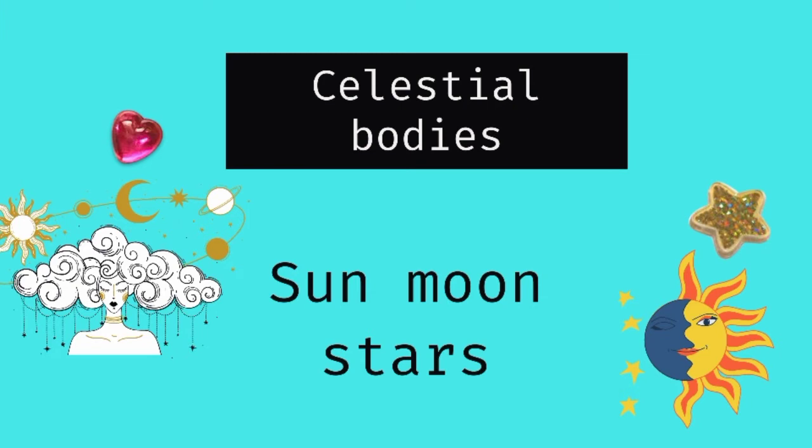Now, if I had never heard of the word celestial bodies, this would tell me that celestial bodies are natural objects located outside Earth's atmosphere, because sun, moon, and stars have one thing in common. They are not something your hand can just reach out to. They are in the heavenlies. Okay, so these are celestial bodies because they are located outside Earth's atmosphere.